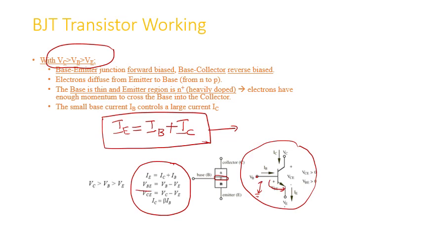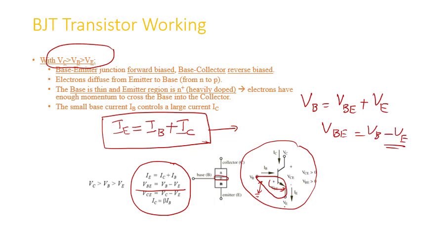So we can write VBE is equal to VB minus VE. Considering this particular loop, VB is the applied voltage, which should equal the voltage across the base-emitter junction plus the voltage across the emitter, so VBE equals VB minus VE.